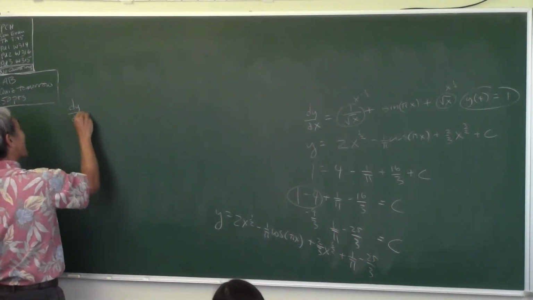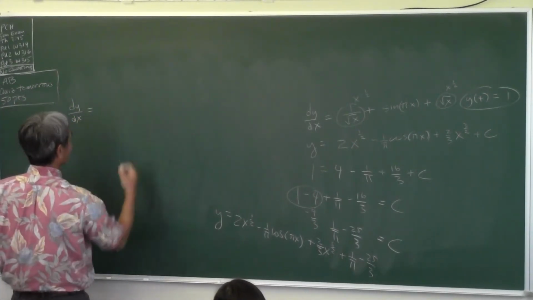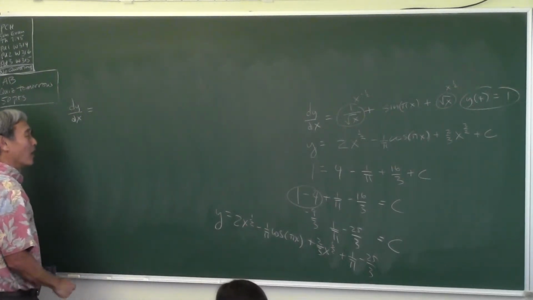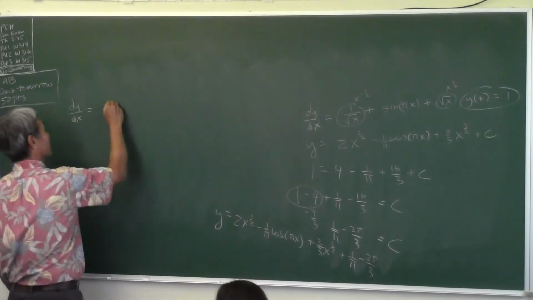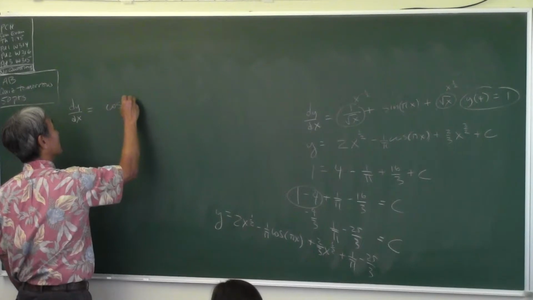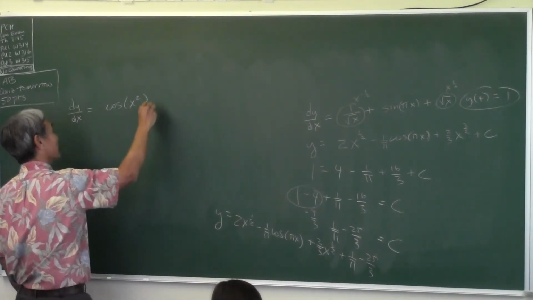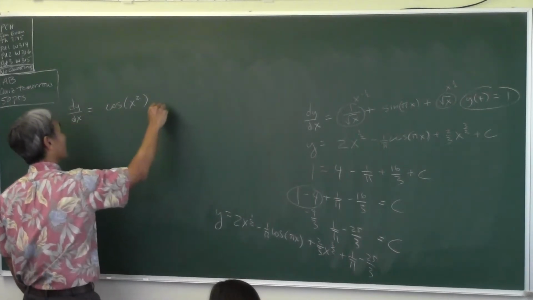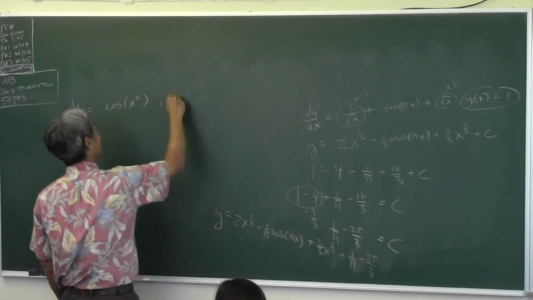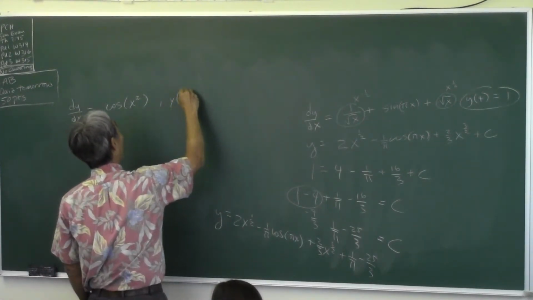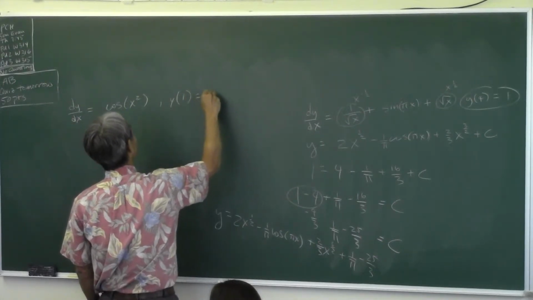dy dx is equal to, okay, let me think of something. Cosine of x squared, initial condition, y of 1 is equal to 2.